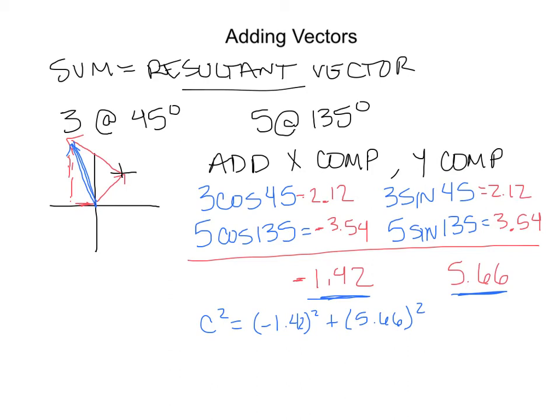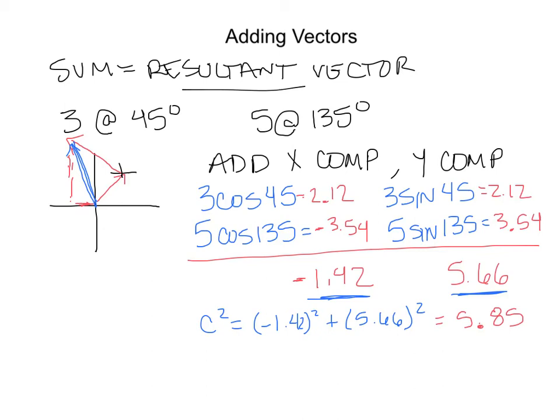And I ended up with a magnitude of 5.85 when rounding appropriately. So that gives us our magnitude of the resultant vector. But we also want to find the angle. What is the angle going to be? Well, since I have the x component and the y component, I can go ahead and use the tangent function, and I don't have to do any other extra calculations.